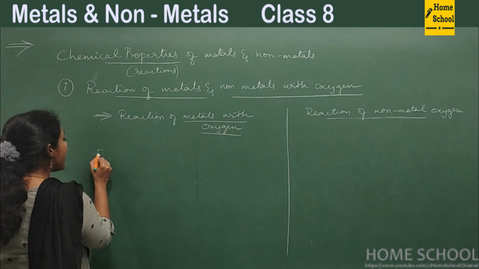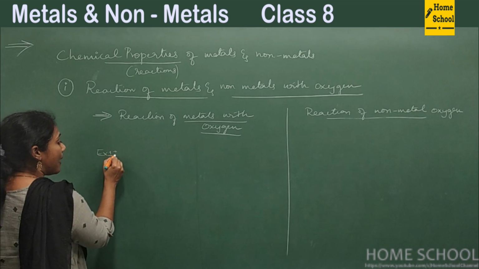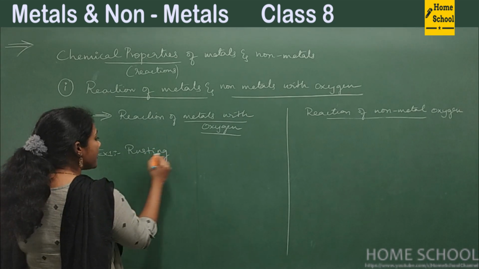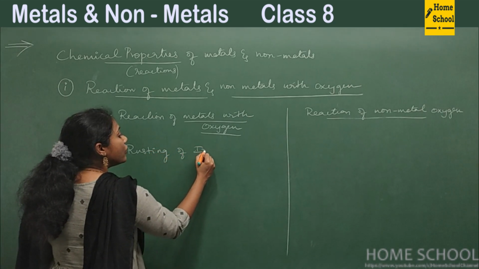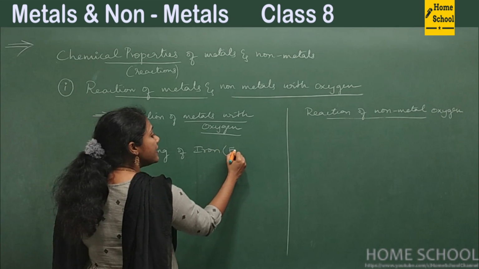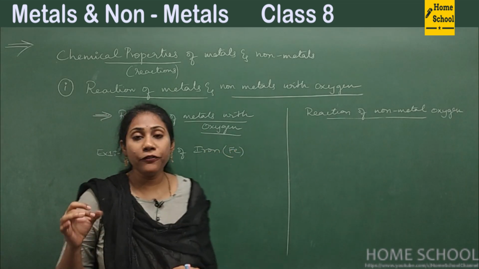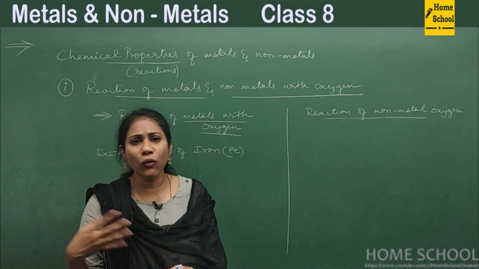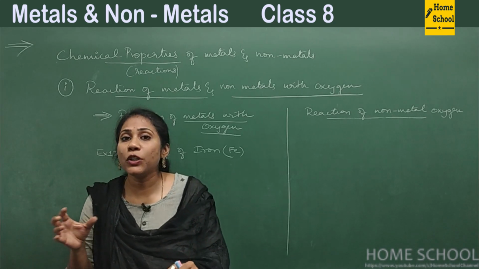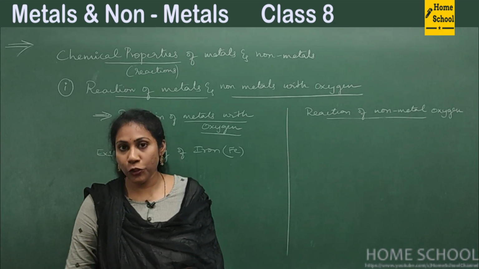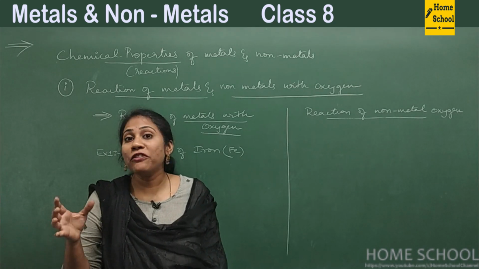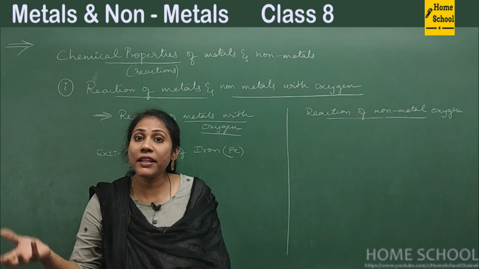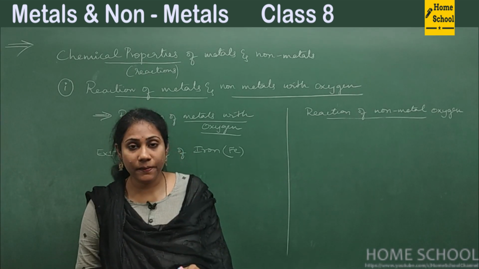Coming to metals reacting with oxygen, the best example that I can give you is example 1, rusting of iron. Have you ever observed rusting of iron? Iron's chemical symbol is Fe. If you have iron articles at home, it can be an iron chair, iron tawa, or whatever. When you expose it to the atmosphere, say you bought a new iron chair but kept it outside, exposed to the atmosphere for many days.